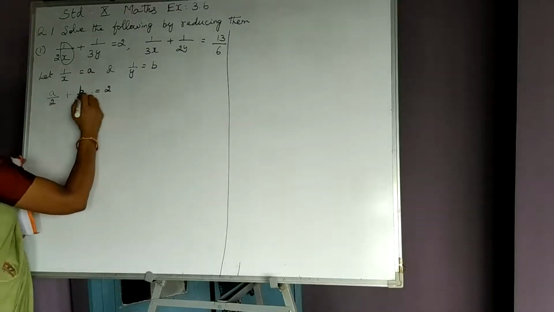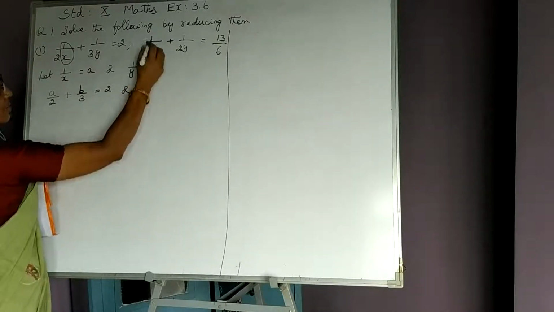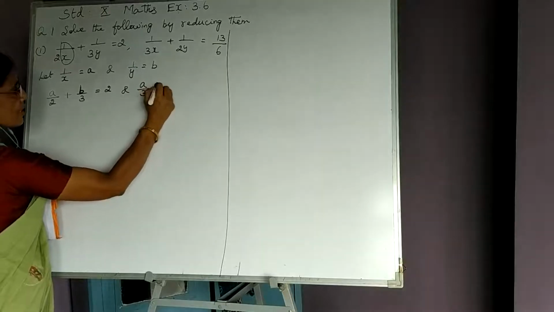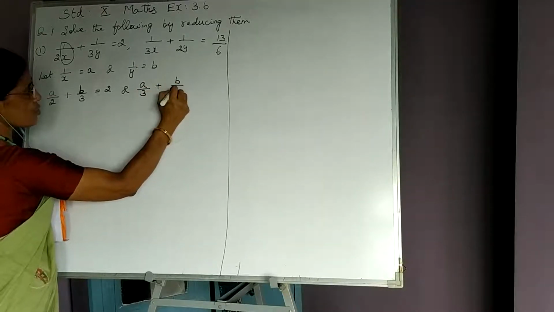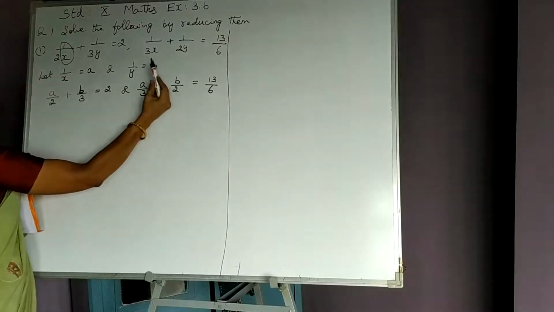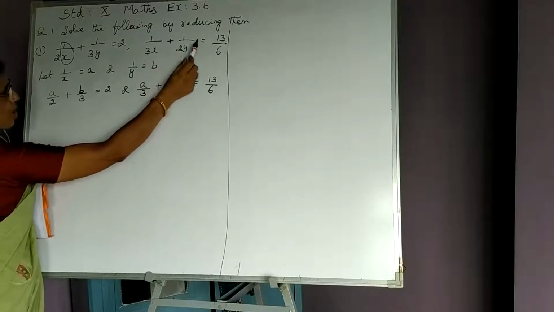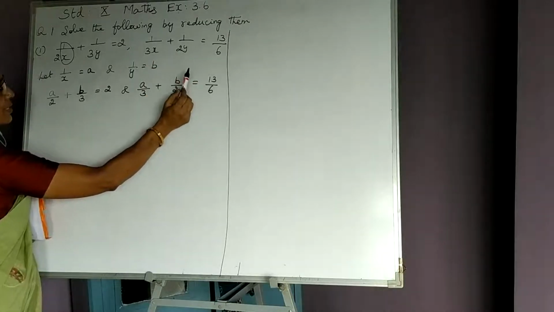So this is the reduced equation, and the second equation becomes a upon 3 plus b upon 2 is equal to 13 upon 6. Once again I tell you, 1 upon x becomes a, this 3, 2 and all other numbers remain in the same place only.